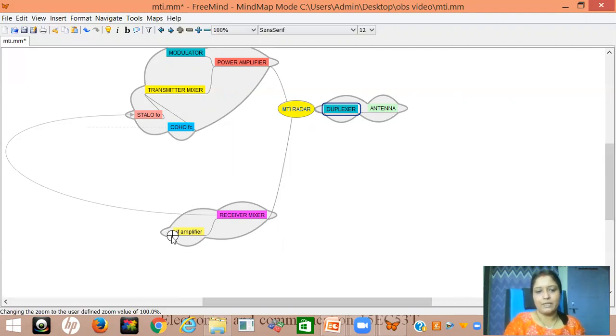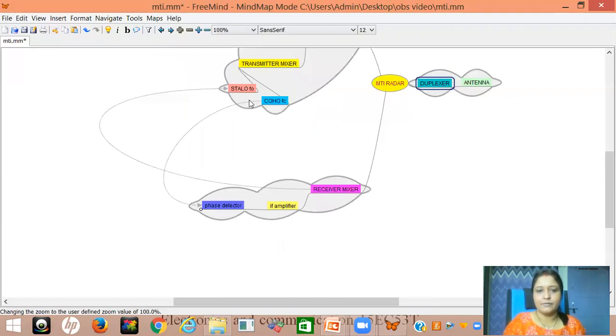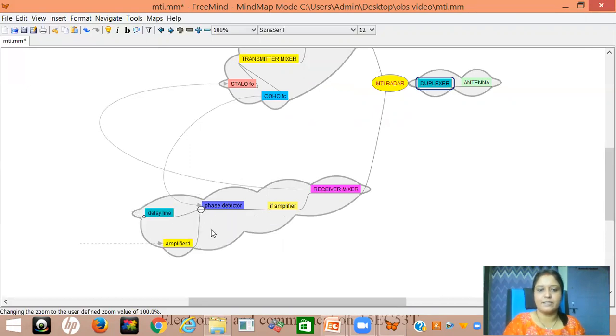Now that is given to the phase detector to compare with the reference, that is the coherent signal. The transmitted and received signal phases are compared, and depending on whatever the phase difference is, the output signal is generated at the phase detector.